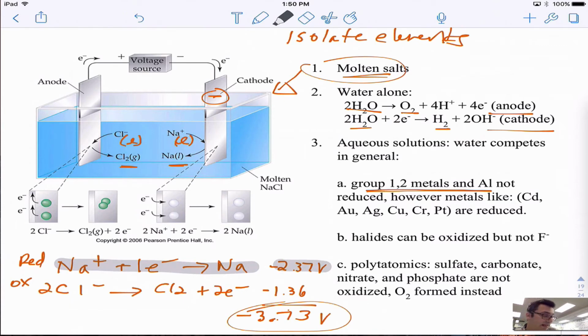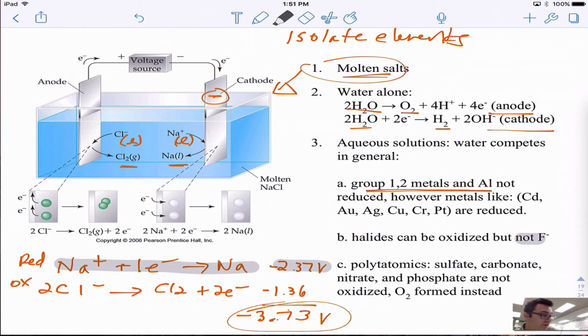But something like cadmium, gold, or silver could be reduced, compared to a group 1 or group 2 metal. Halides generally can be oxidized, but fluorine cannot. And polyatomic ions cannot. Instead, you would get oxygen.